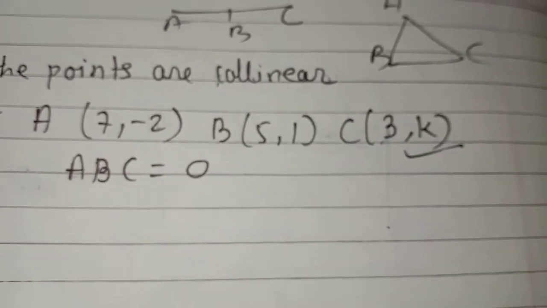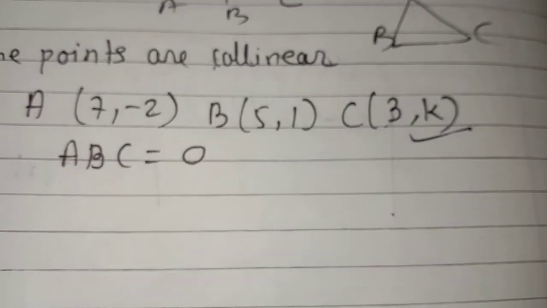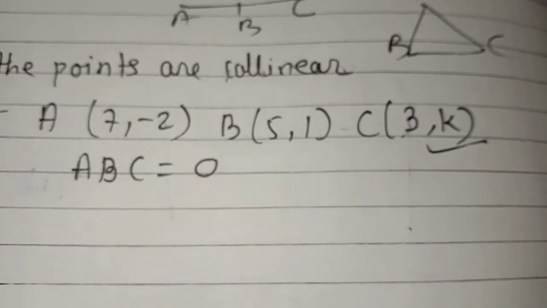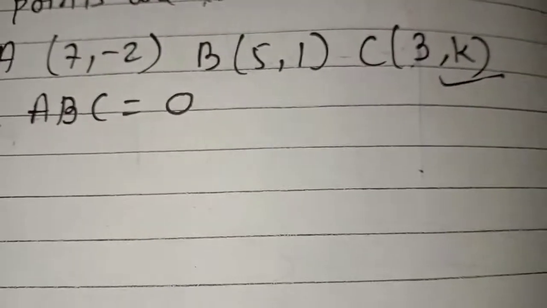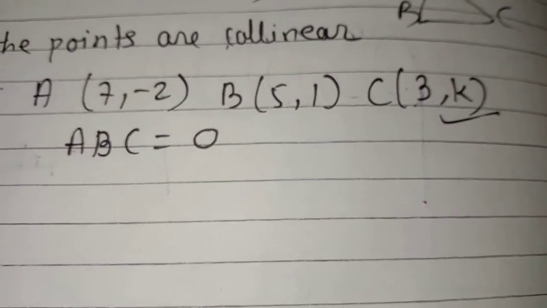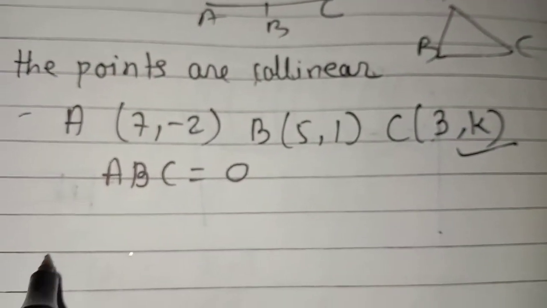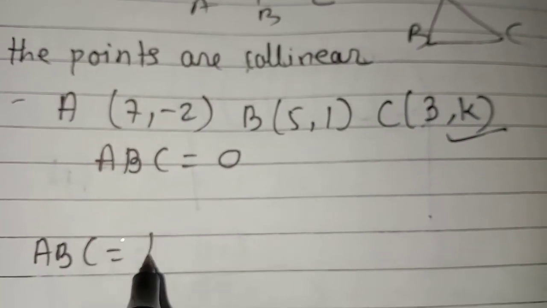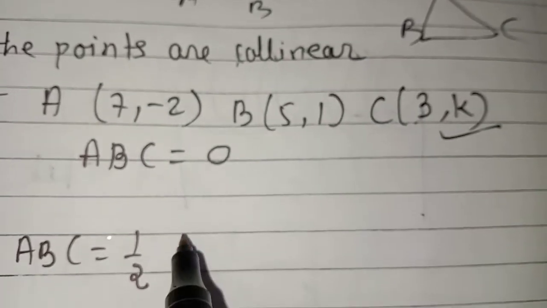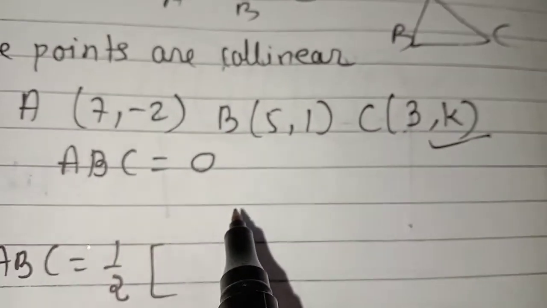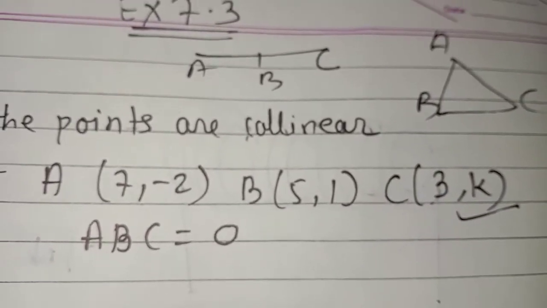So how to find the value of k? Simply we are going to use the formula. The formula is, we'll write here area of ABC is equal to 1 by 2, x1 times (y2 minus y3).